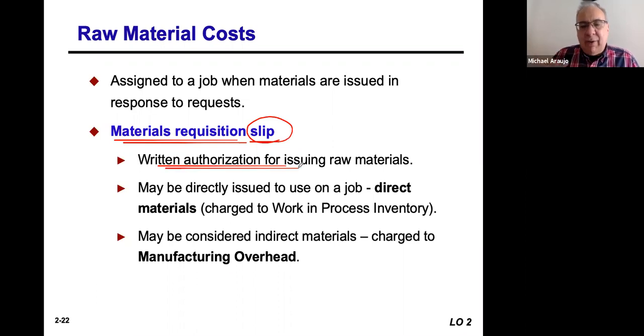We need X amount of this for this particular job. Okay. Most of this particular requisition is going to affect the direct materials account. However, there may be some of it that involves some indirect materials, which would be manufacturing overhead. For the most part, on a straightforward example, it's going to affect direct materials.